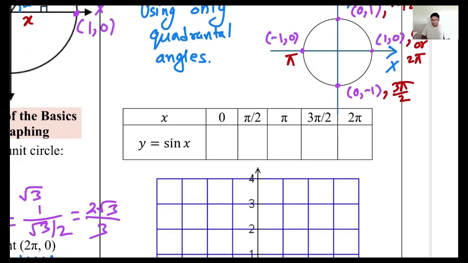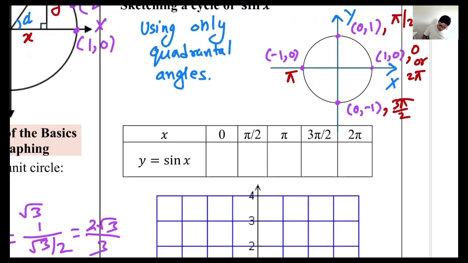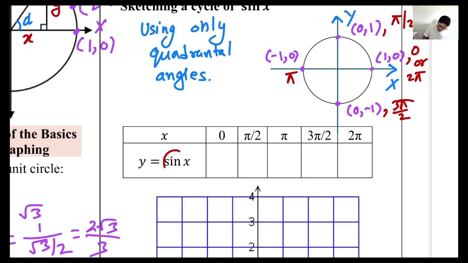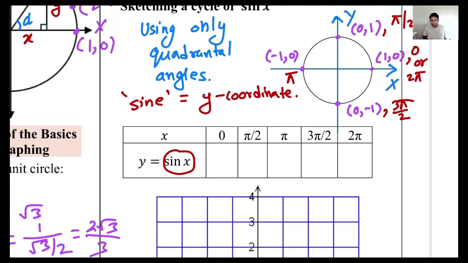Let us fill this table now. And we will recall that the definition of the sine function is, irrespective of the angle, sine is the y coordinate. That's the definition we are going to use.